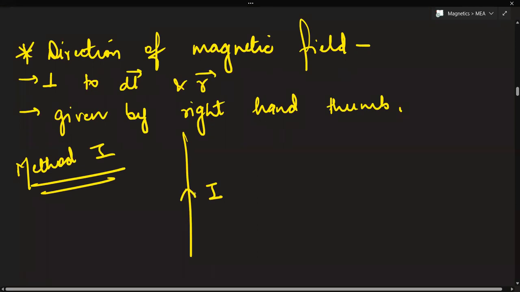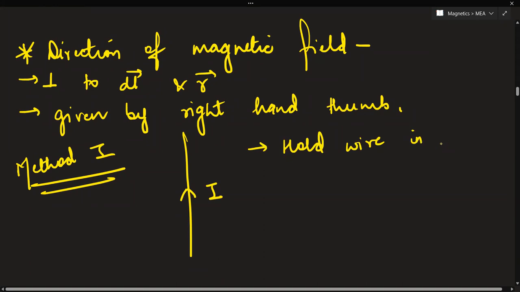Method 1. Let's say this is a wire, and this is the current I flowing. You have to hold the wire in your right hand such that your thumb points in the direction of the current. See, I'll write it down. Hold wire in right hand. Firstly, remember, right hand.